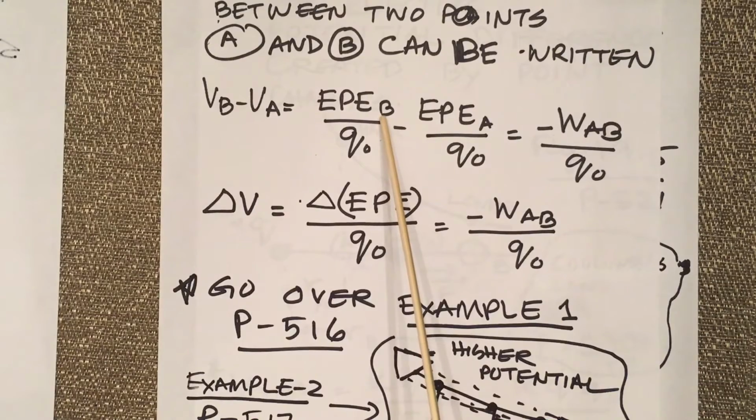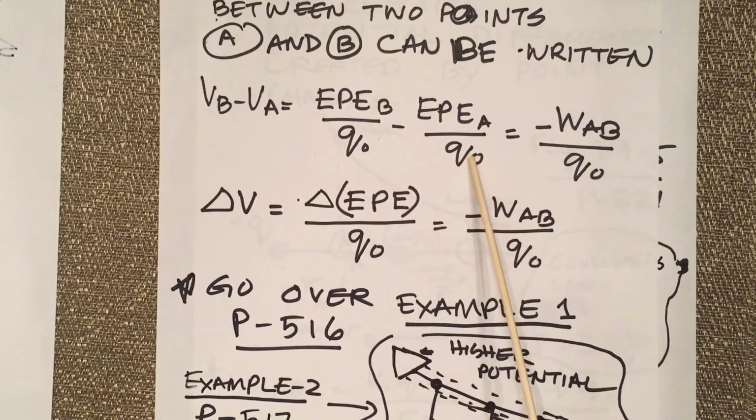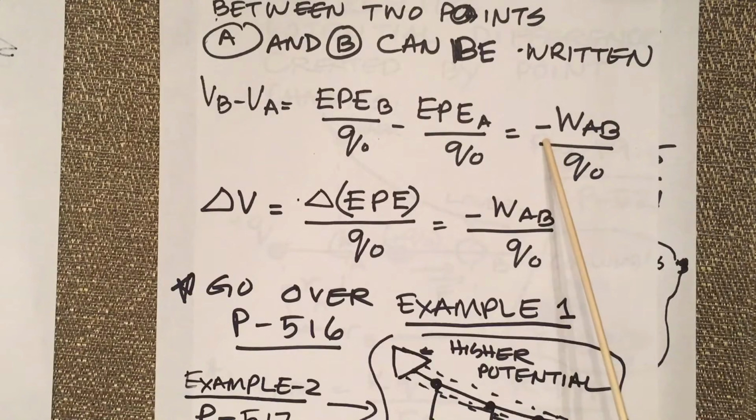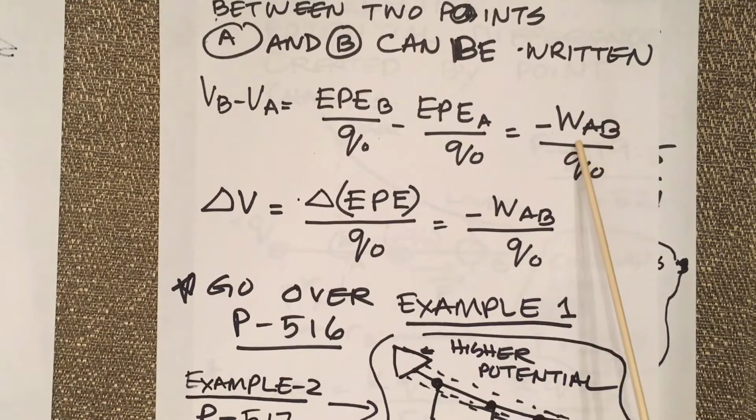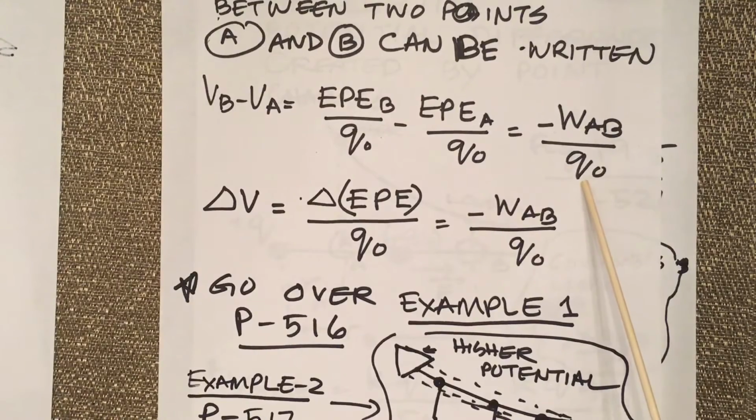Potential energy for B, take the potential energy for A, both divided by the charge Q0. So that's why we have a negative sign here. So negative W_AB, A to B, divided by Q0.